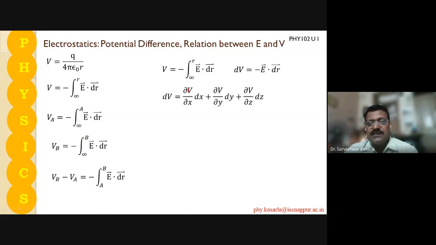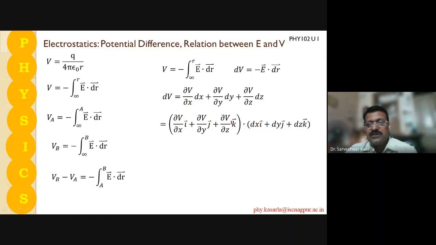And this can be expressed as the dot product of two vectors, let us see. So del V by del x i, plus del V by del y j, plus del V by del z k. So this is one vector, dot another vector, dx i plus dy j plus dz k. In the dot product, the coefficient of vector i and the coefficient of vector i will be multiplied like this.